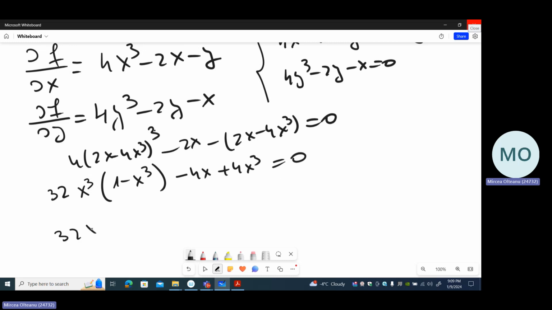Which is 32x^3 times (1 minus x^3) minus 4x times (1 minus x^2) equals 0.